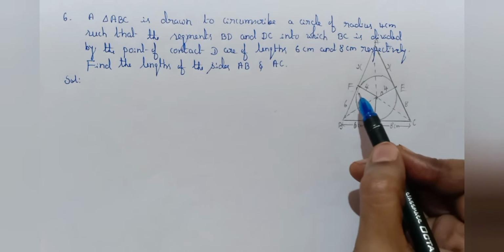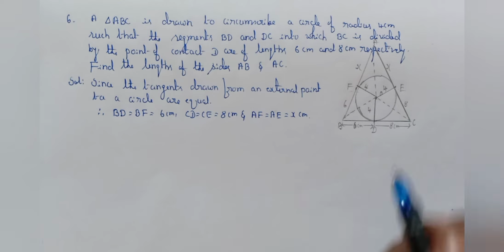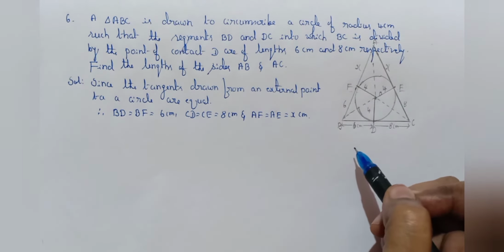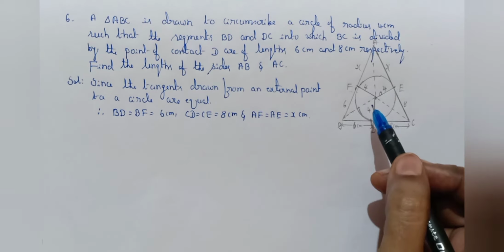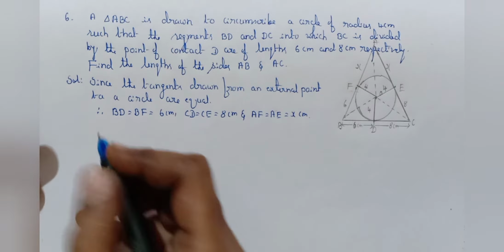Let AF is equal to AE is equal to x centimeter. Now, find out the semi-perimeter of the triangle ABC. You know, the semi-perimeter of the triangle ABC is a plus b plus c by 2.